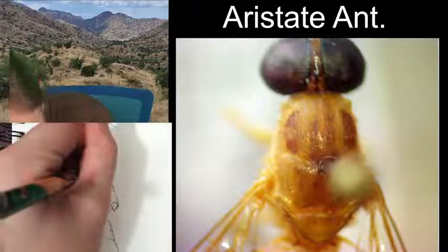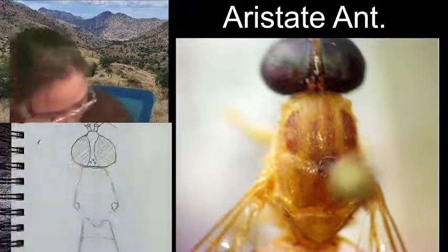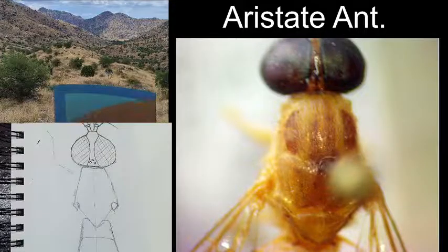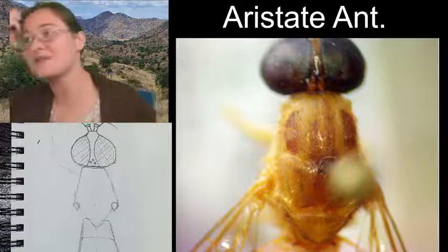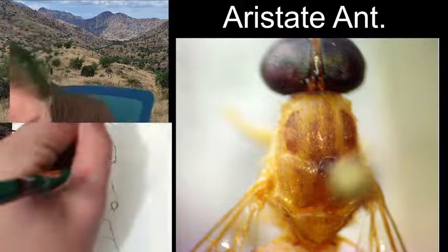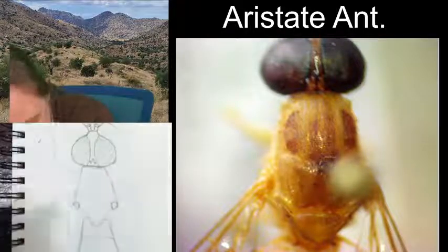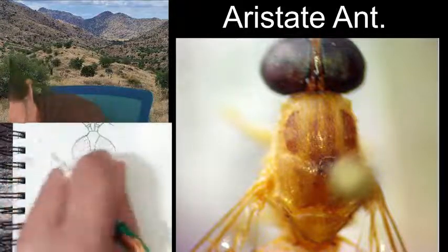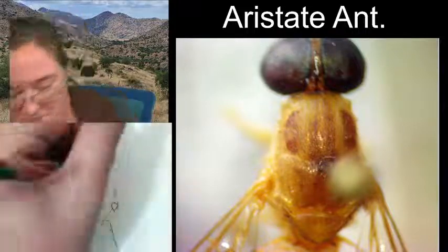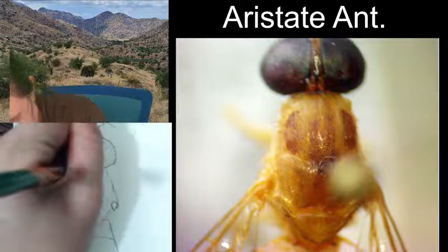Alright, I'm throwing things at myself. We've got this little bit of a neck here, so I'm going to be adding that into my sketch. I'm going to be erasing some of these lines because they got a little bit dark.